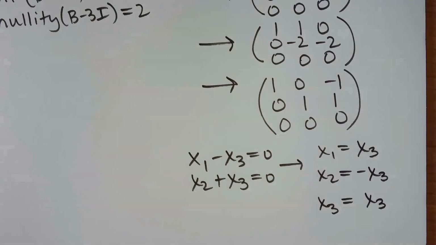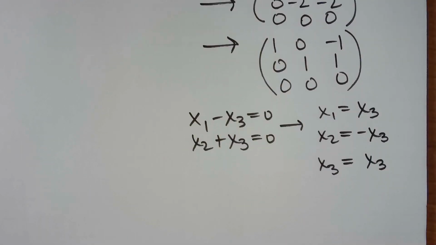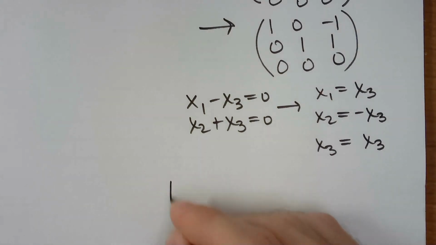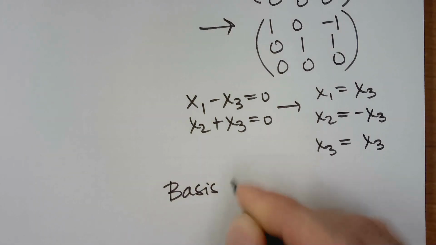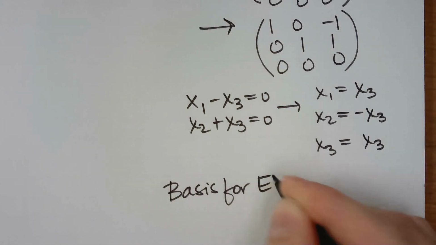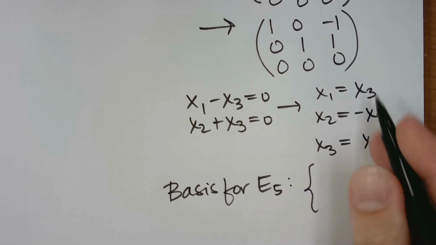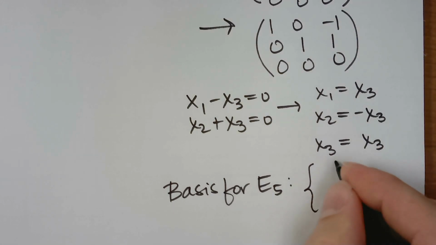Okay, that's dimension 1 because there's one free variable there. And then I'm going to say the basis for the eigenspace corresponding to lambda equals 5 is just 1, negative 1, 1.